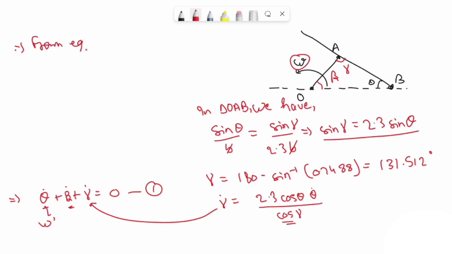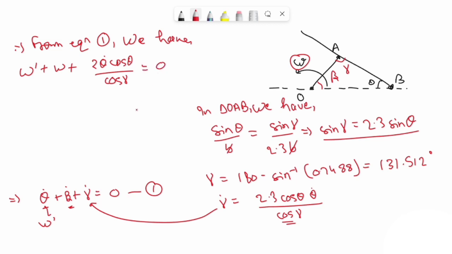From equation 1 we have omega dash plus omega plus 2.3 theta dot cos theta divided by cos gamma equals 0. Now substitute all the values that we know. We know that omega is given in the question.